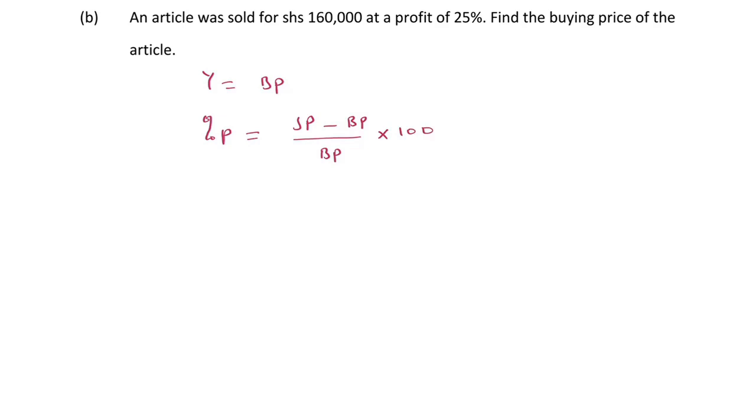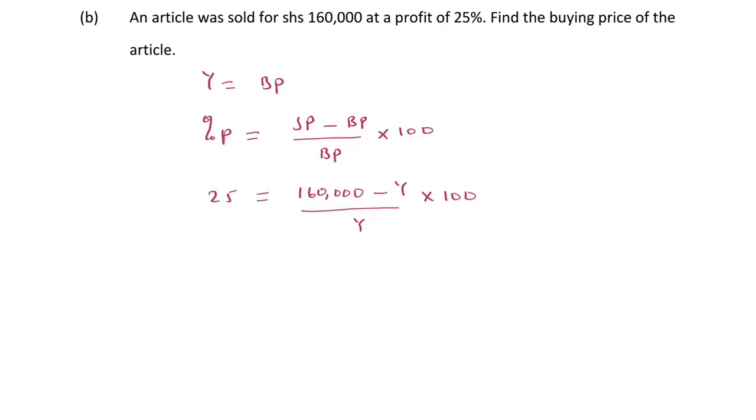Now let us substitute the values into our formula. Then our equation is 25 equals 160,000 minus y over y times 100. Next let us divide by 100 both sides.